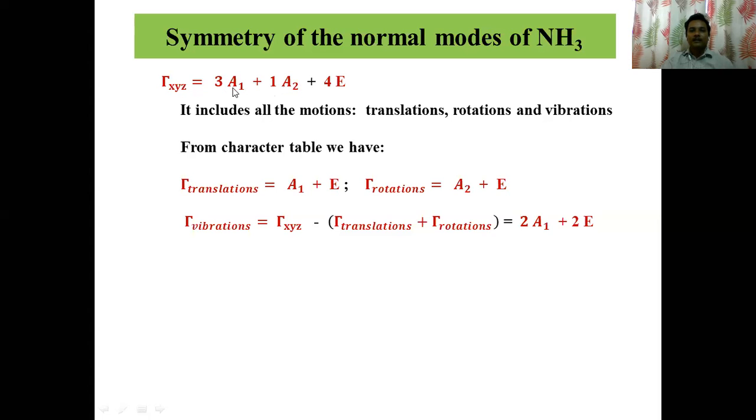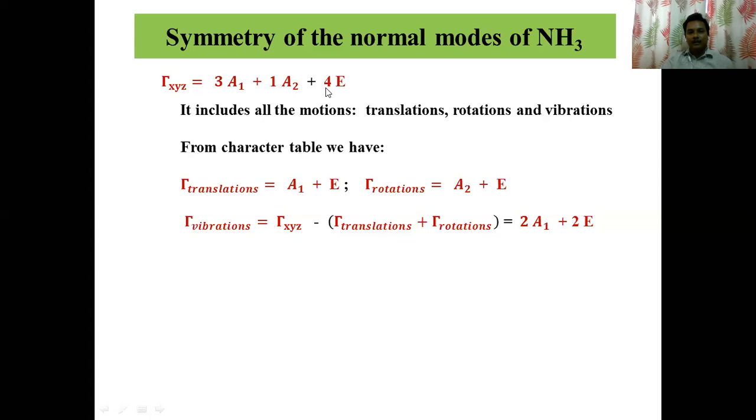Like here it is 3 into 1 dimension, that is 3, 1 into 1 dimension, so total 4. Now this is 2 dimension, so 4 into 2, that is going to be 8. So that is 4 plus 8, that is going to be 12, right? So I think that is consistent.